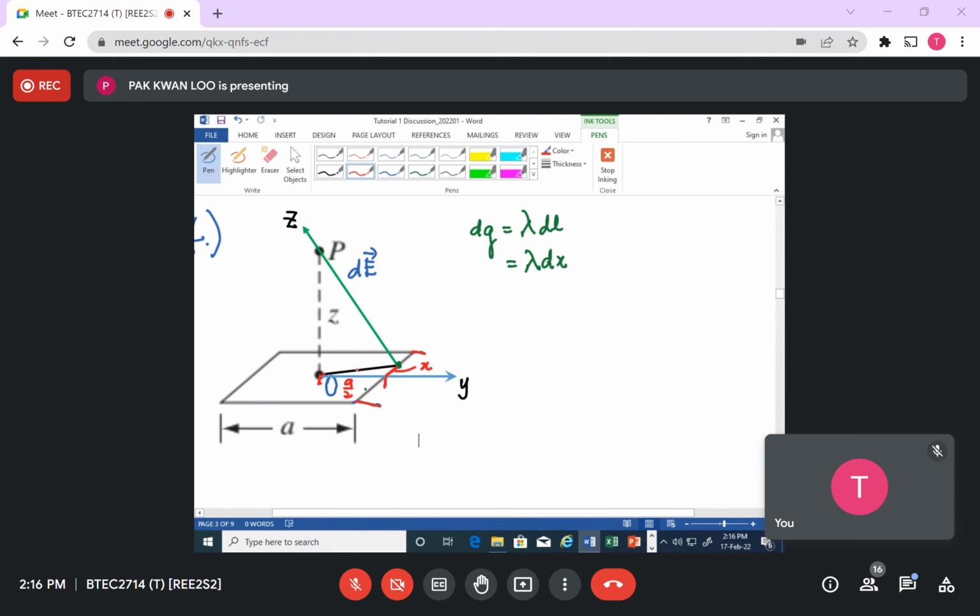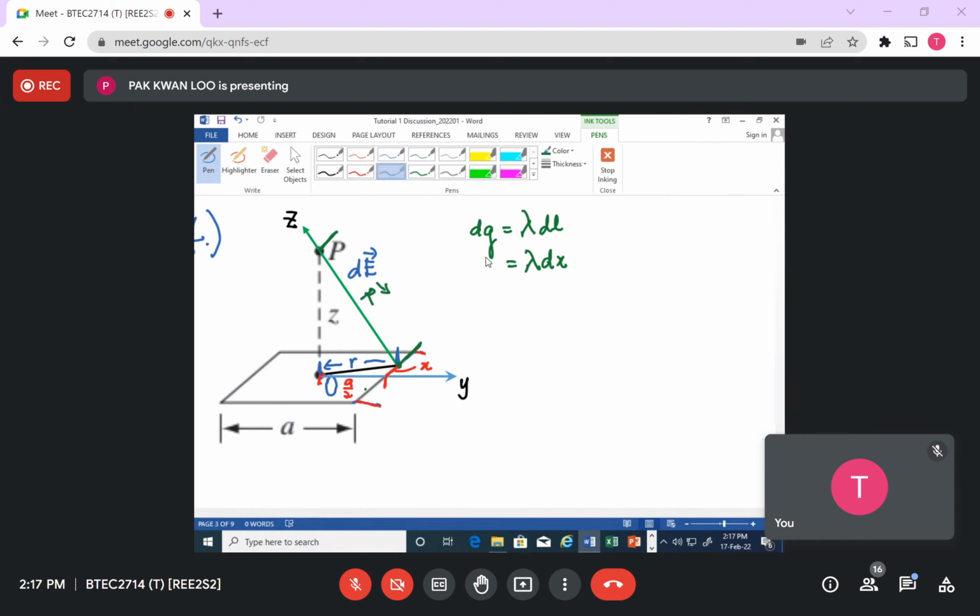So therefore, this line here is, let's say, a small r. I will represent this as a small r. And for the green line, as capital R.